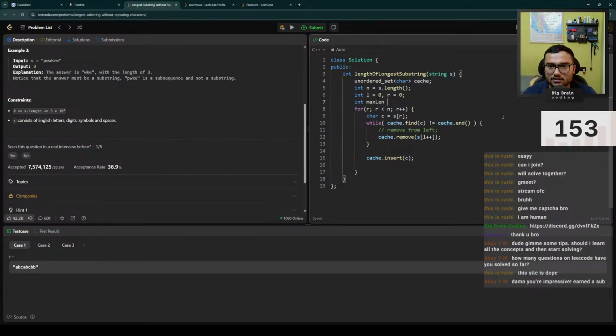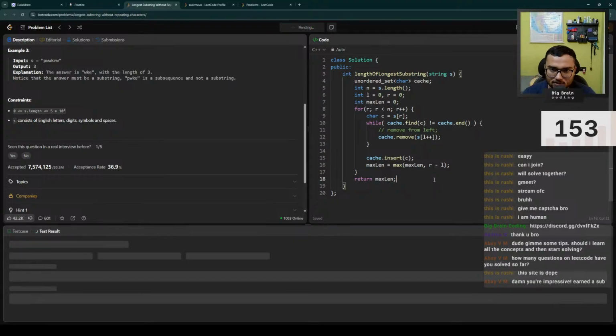Int max len equals 0, r minus l. Hopefully this function exists and this function exists. Let's see.